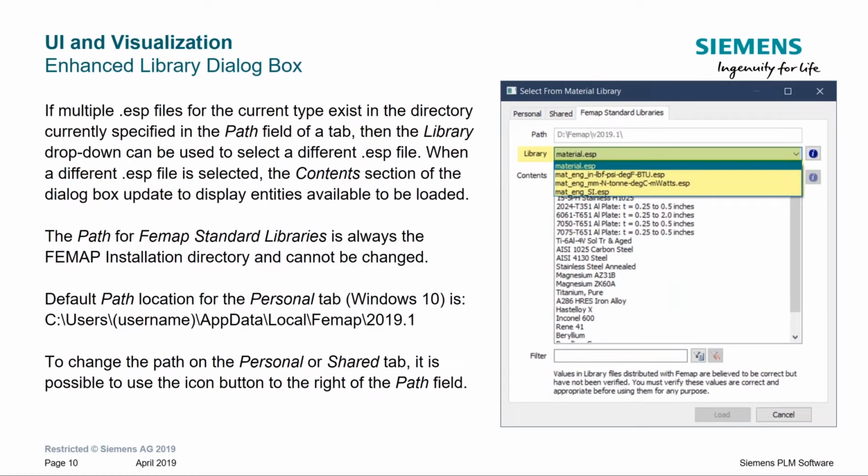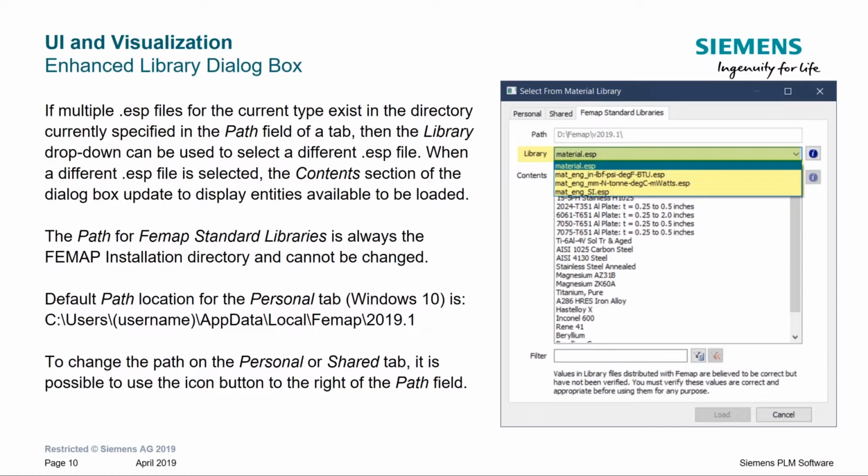If you have multiple libraries in a location, now there's a drop-down menu. Rather than having to go to the Windows Explorer to pick it, you can now pick the library from the drop-down menu at that location. And again, the default path location is in your username, app data, local Femap 2019.1.